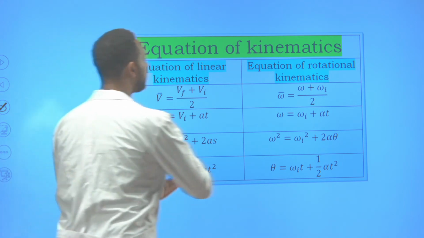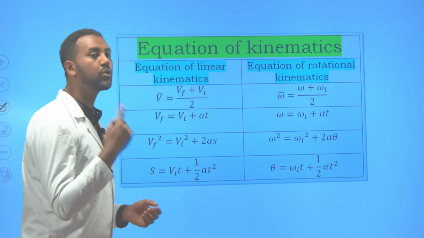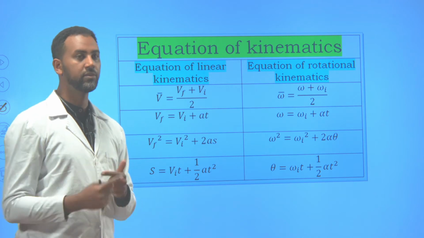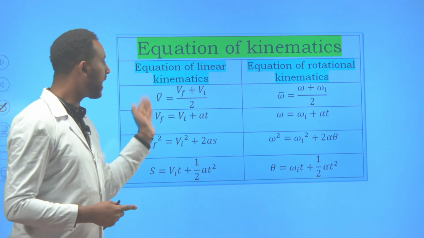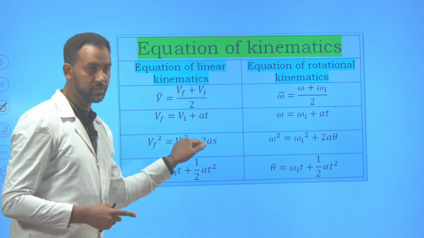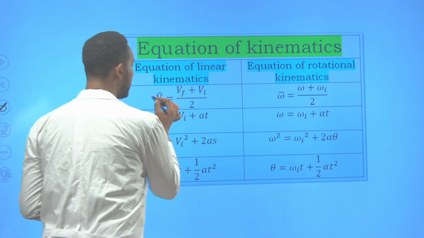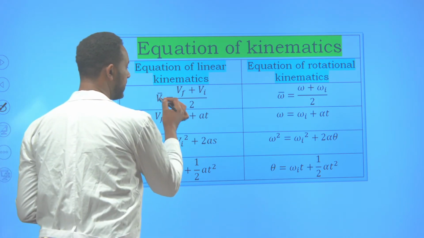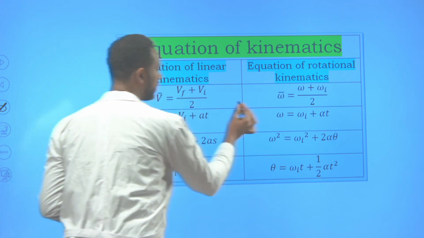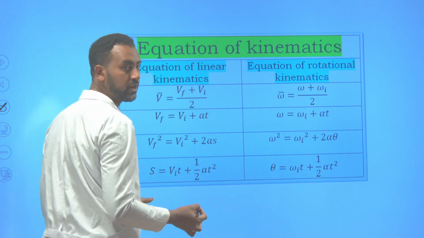And you have the same expressions for rotational kinematics. For a given rotating object, we have the analogy of all of these variables. For the average linear velocity, we have the average angular velocity.